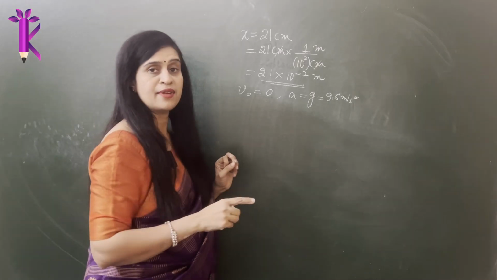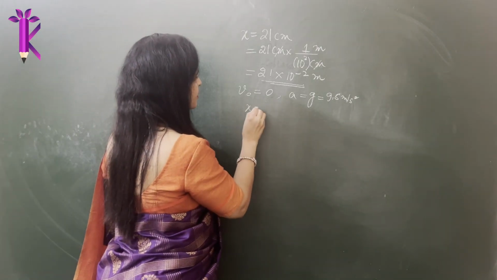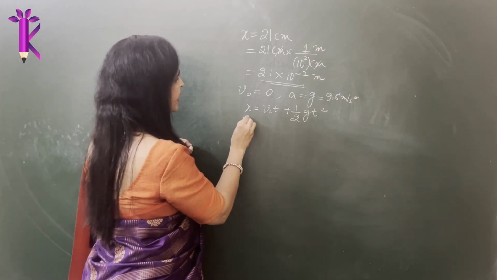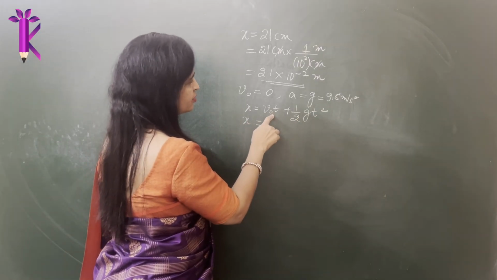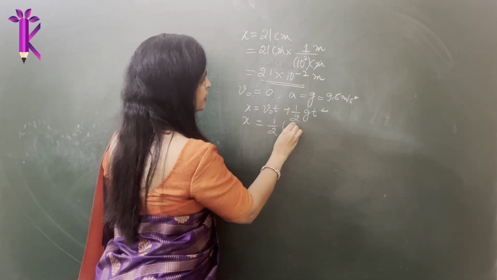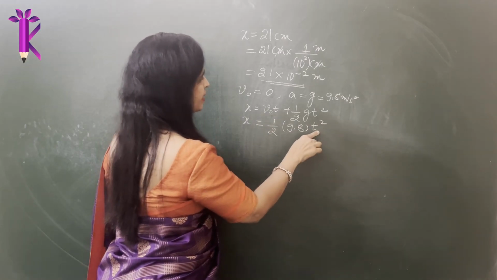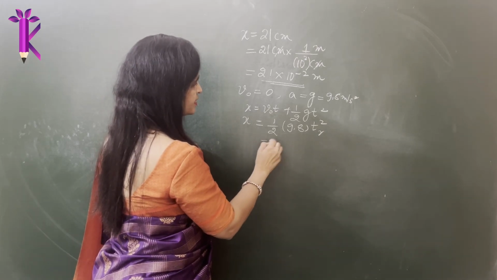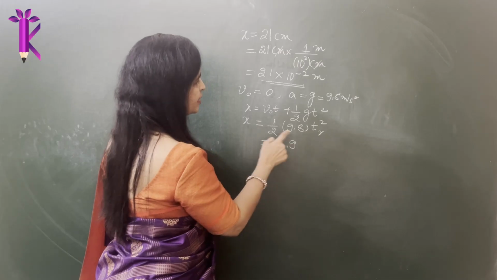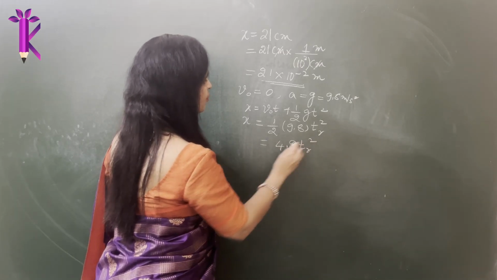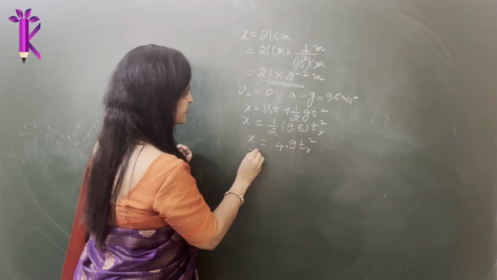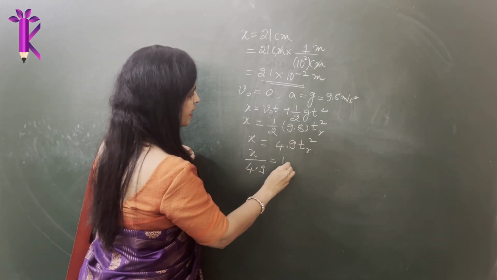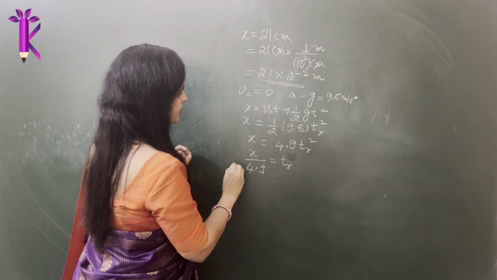So the formula that we can use is x equals v naught t plus half g t squared, where x is your stopping distance. v naught was 0, so this term is 0, leaving half into 9.8 into t squared, where t is your reaction time, which I can call tr. Cross multiplying, 9.8 divided by 2 is 4.9 tr squared, so tr squared equals x divided by 4.9. Removing the square, it becomes a root.